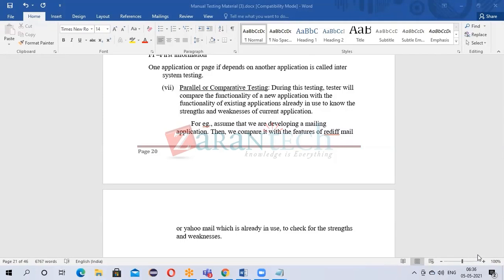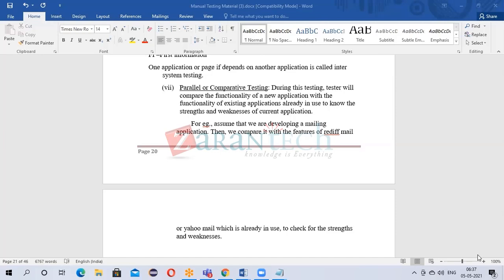The tester will compare the functionality. During this testing, the tester will compare the functionality of a new application with the functionality of the existing application already in use to know the strength and weakness of the current application.